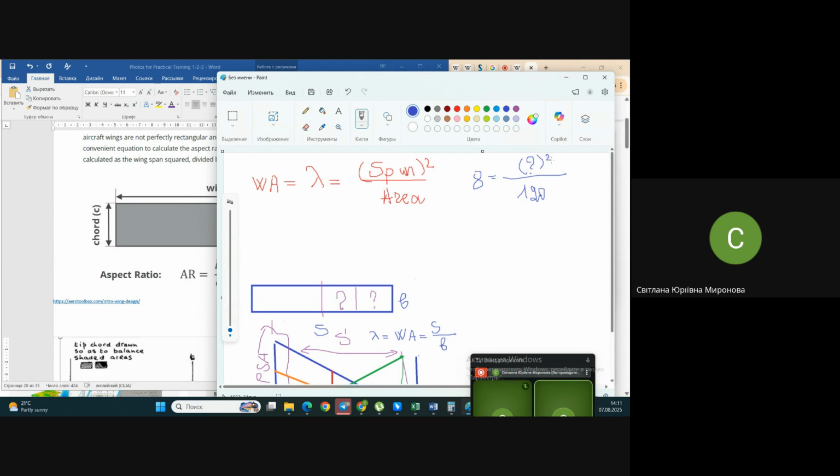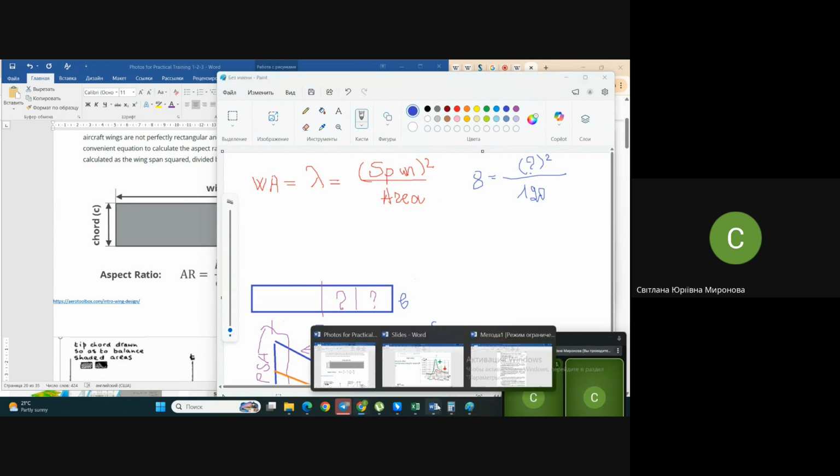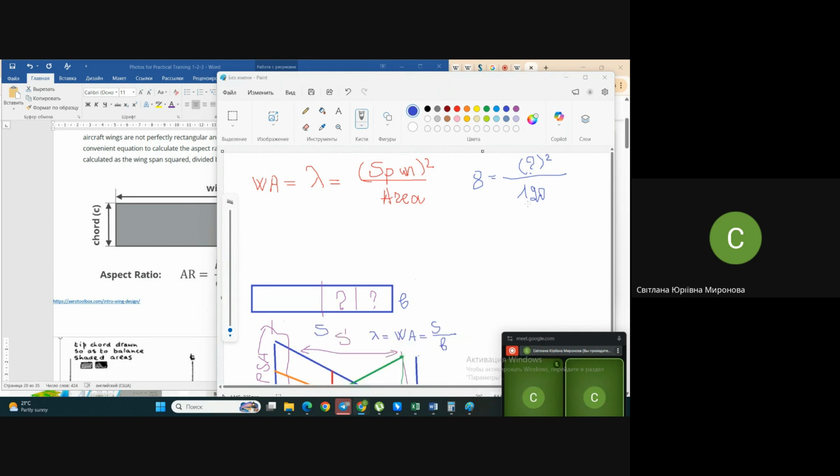What should it be equal to? Let's use a calculator because I need a square root anyway.